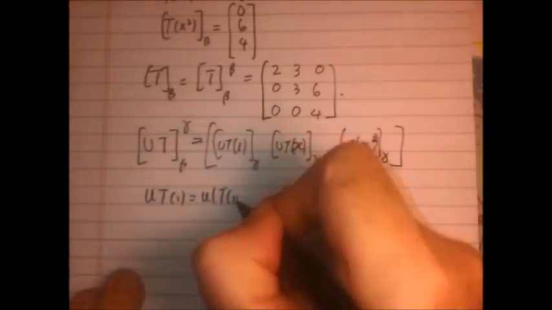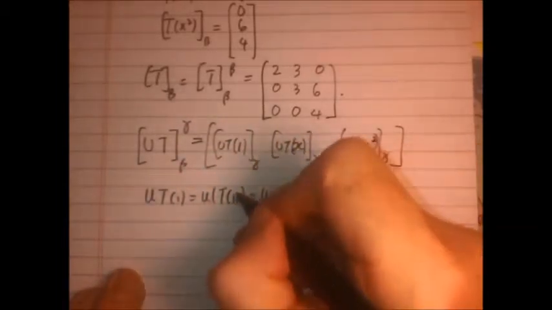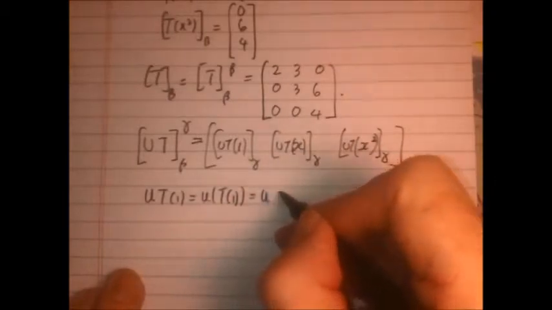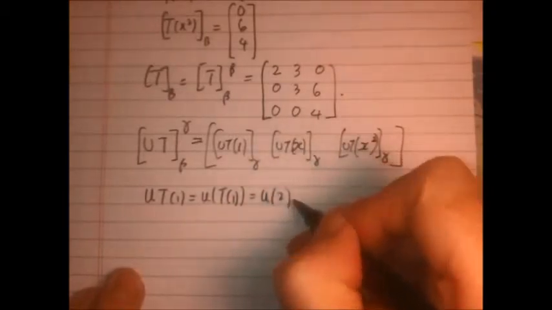Okay, so from before, UT of 1 equals U of T of 1, and we already worked out before that T of 1 was equal to 2.